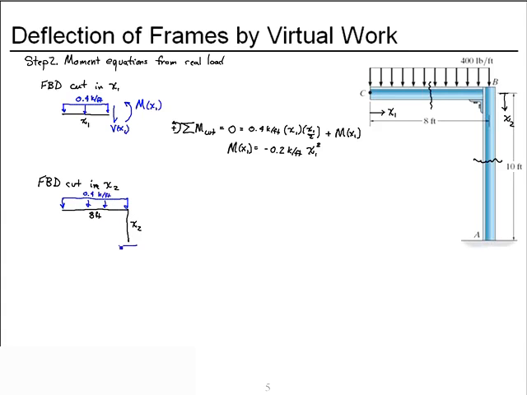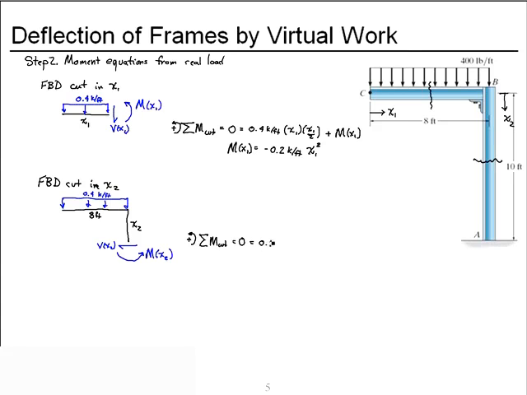We have unknown shear as a function of x2, and unknown moment as a function of x2. I'll sum moments about the cut. Again, I will choose counterclockwise as positive.